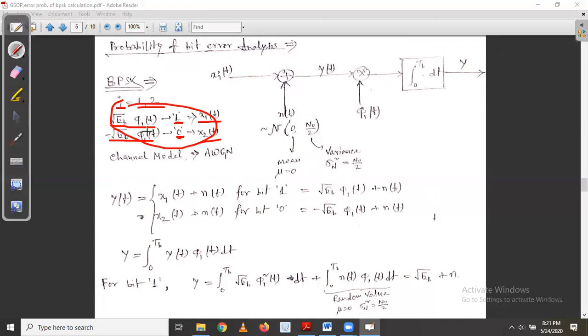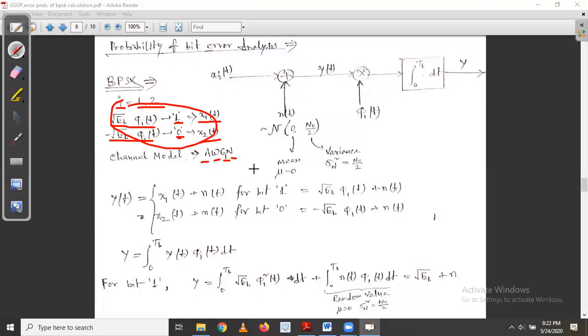The BPSK signal is passing through the channel. Definitely some noise will be added. Here we are considering the noise as additive white Gaussian noise.